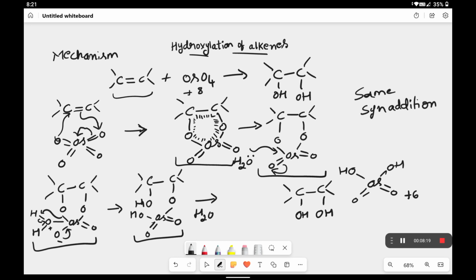There also the metal catalyst provides the hydrogen from the same face. In a similar way, in the hydroxylation of alkenes by osmium tetroxide, or with alkaline KMnO4, a similar mechanism is followed. The addition of two hydroxyl groups takes place on the same side. This is called syn addition, which leads to syn diols. So stereochemistry we can discuss in the next video.